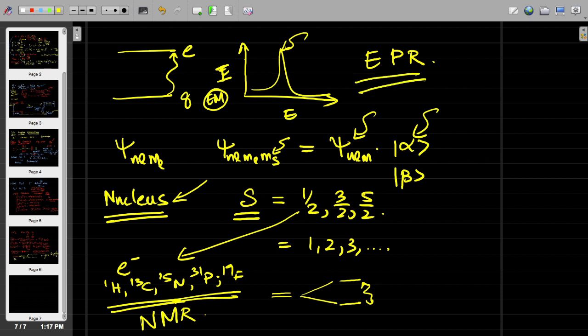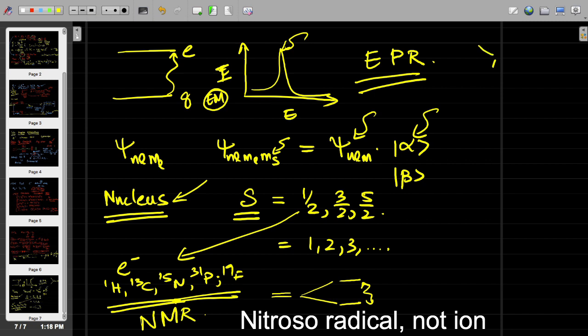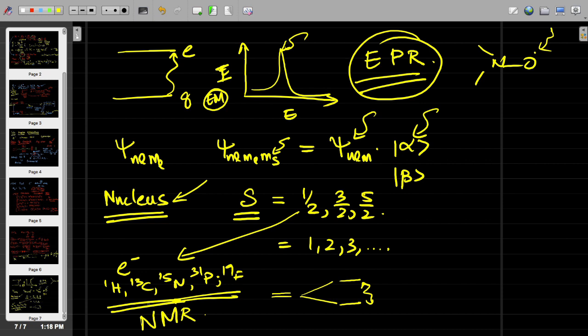So is EPR. Whenever you have a lone electron that ends up being present, for instance, whenever you have a case of a nitroso ion, the lone electron helps you identify their presence when you subject them to EPR. Similarly, these kind of nuclei help you in NMR.